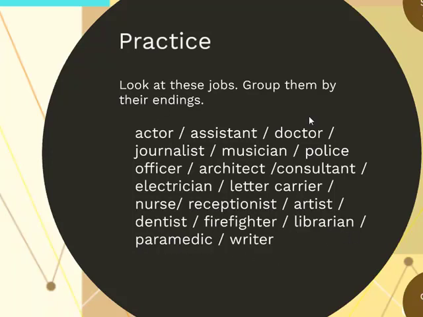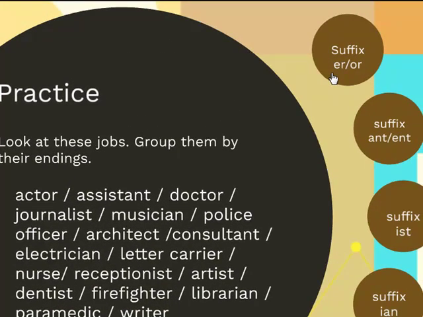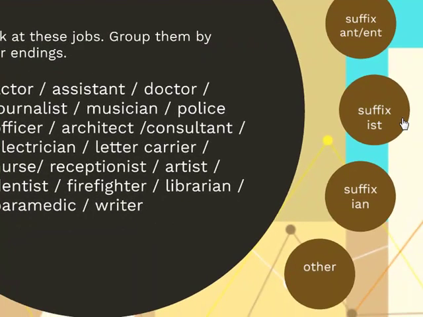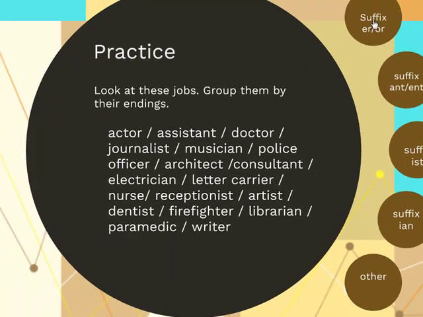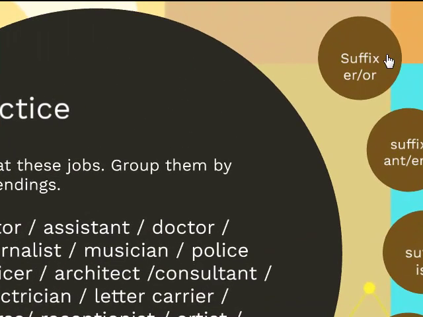So you have to classify these jobs in the different endings. So we have suffix er or, suffix ant, suffix ist, suffix ian, and other. So let's check the words that come in each category.